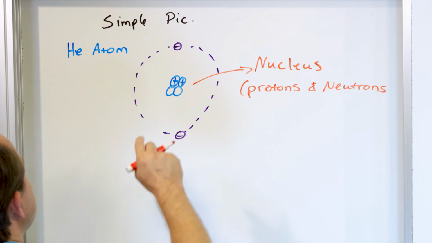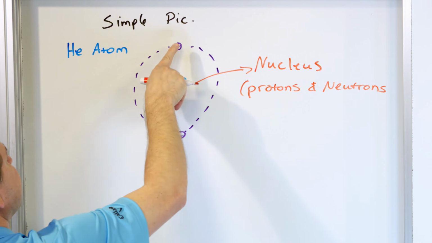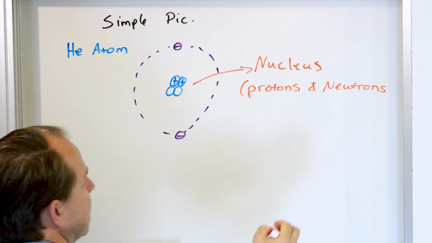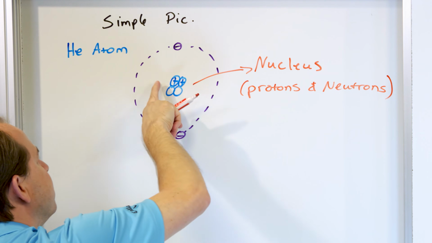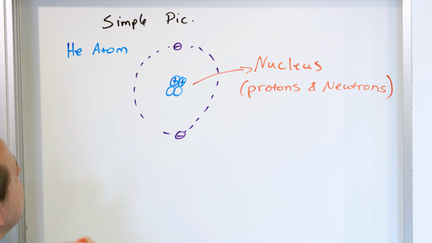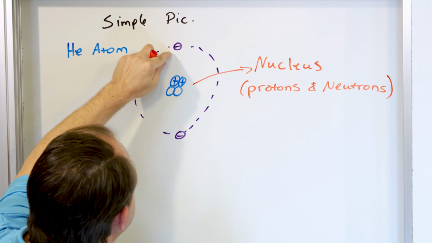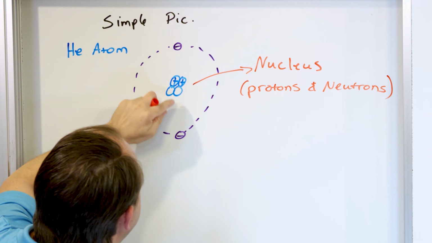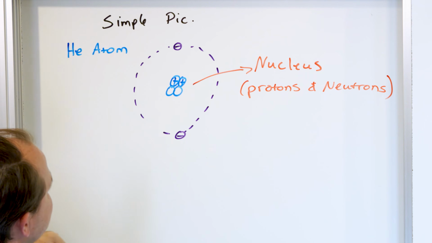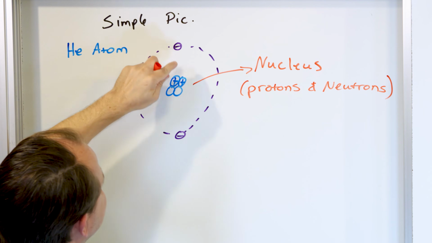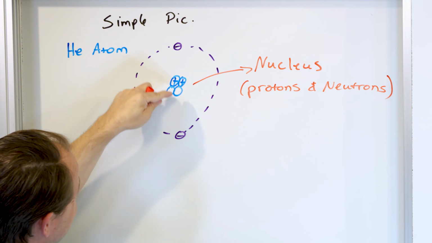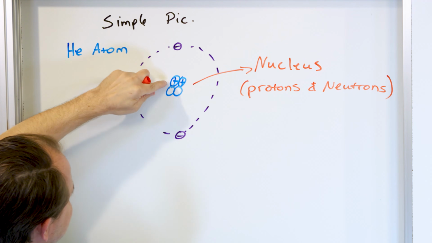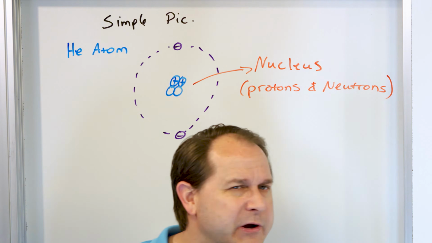But for right now, the helium atom has 2 protons and 2 electrons. The protons are in the center with the neutrons, and they comprise most of the mass of the atom. The electrons, if you remember from the previous lessons, are very small in mass compared to the protons, almost 2,000 times less massive. So the electrons have the same charge, opposite in sign to the protons, but they're not very massive at all.